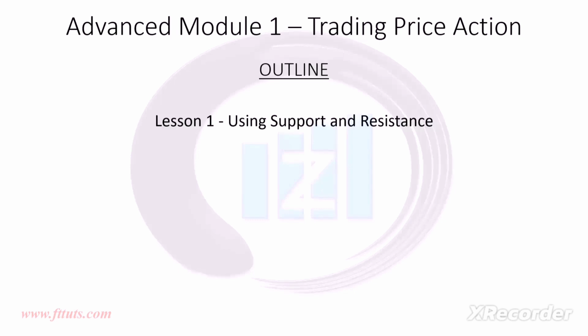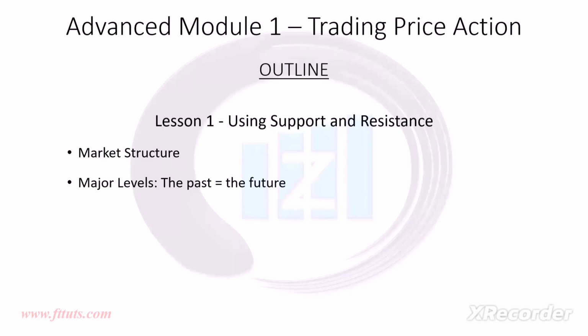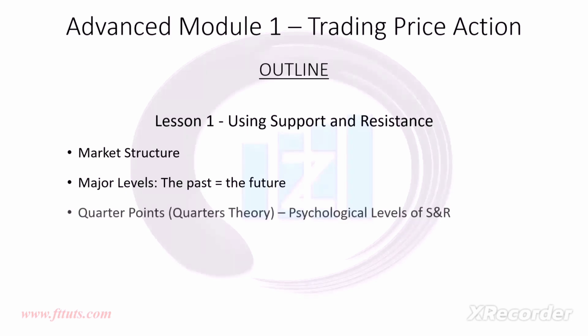So, quick recap. In this module, we are going to go over using support and resistance by talking about market structure. Next video, we're going to talk about major levels, points of reaction, points of failure, because these levels of support and resistance are going to tell us where price is going to react in the future.